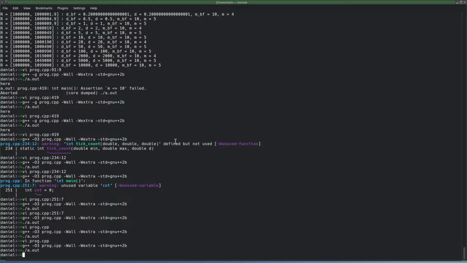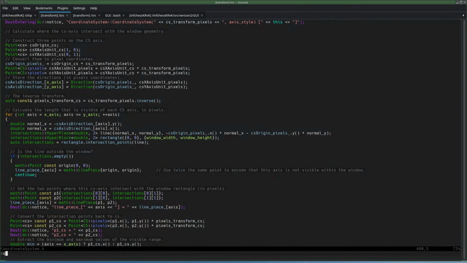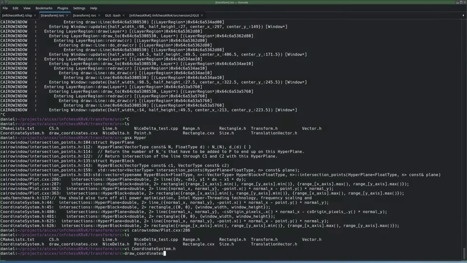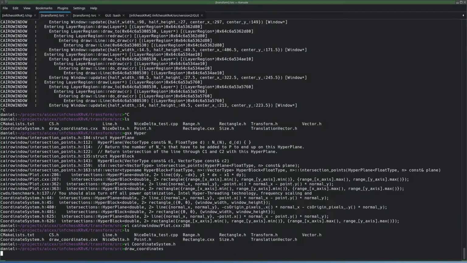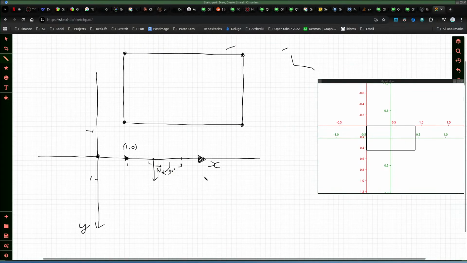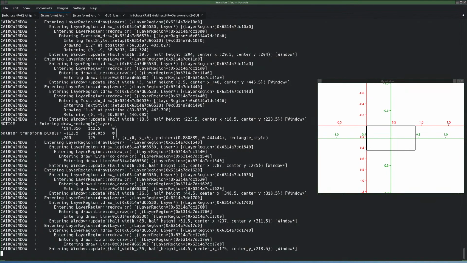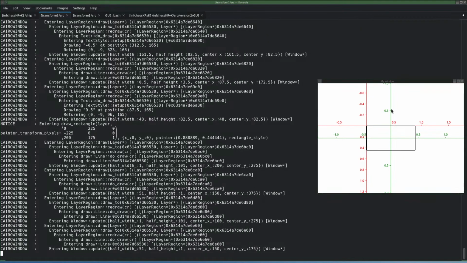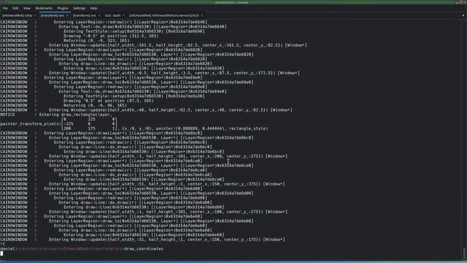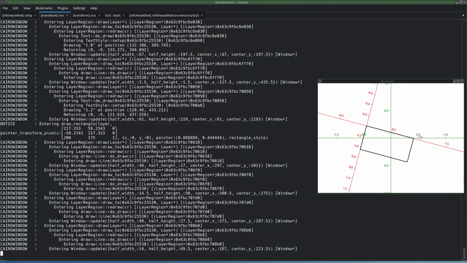Oh, wait a minute. I still have to rotate a little bit. Huh? Oh, it's not rotating. Gotta be kidding me. Rotate.